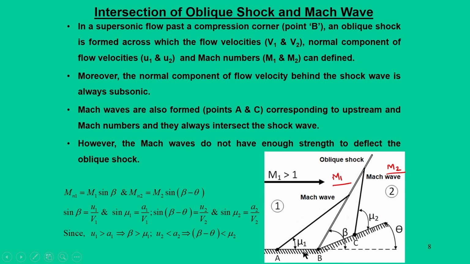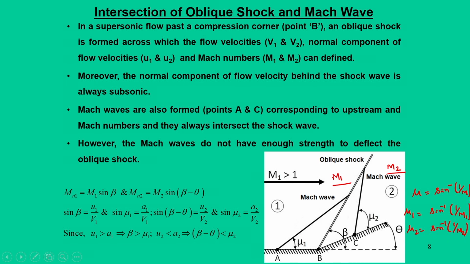So, the Mach angle for the Mach number M1 can be written as mu1 and for the Mach number M2 as mu2, and this angle mu can be written as sine inverse of 1 by M. So mu1 is sine inverse 1 by M1 and mu2 is sine inverse 1 by M2.